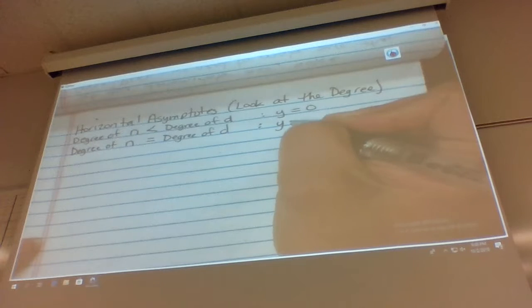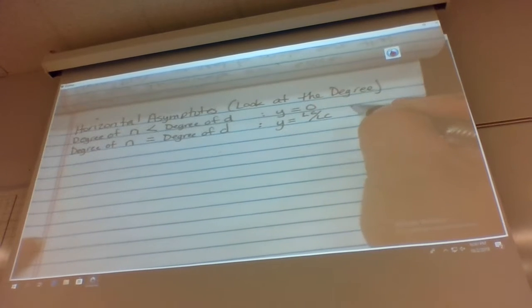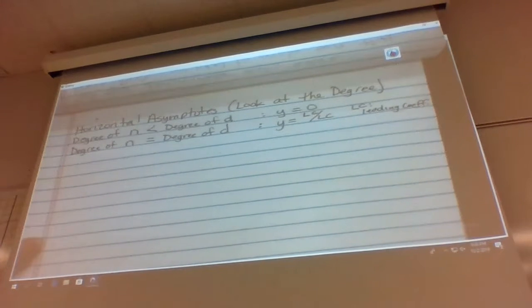LC over LC? Yes, leading coefficient over leading coefficient. Remember it's a fraction, so whatever the leading coefficient is on top over the leading coefficient at the bottom. Right now, we're going to do an example where you're actually going to see it in play. So that's the second rule.